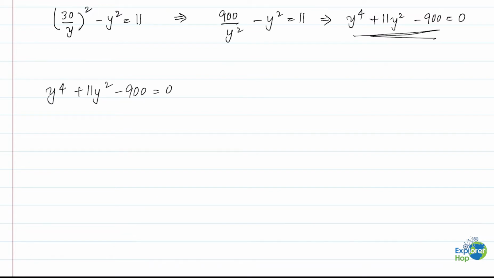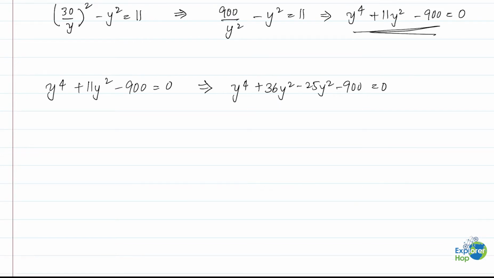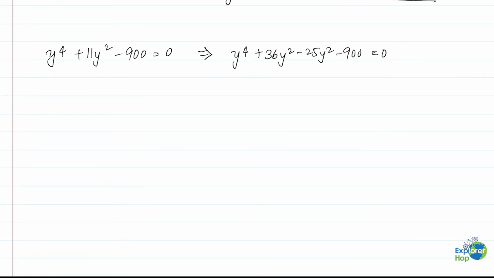If you notice, this equation is basically a quadratic equation of the form in y squared. So we can rearrange it just like a quadratic equation. We would write y to the fourth plus 36y squared minus 25y squared minus 900 equals 0. We wrote it in this form to factorize it and write it as two factors.